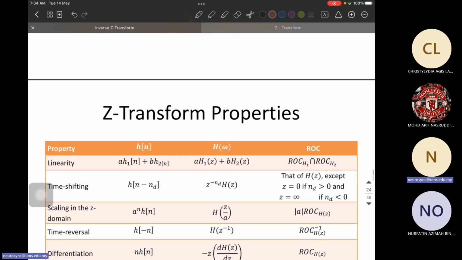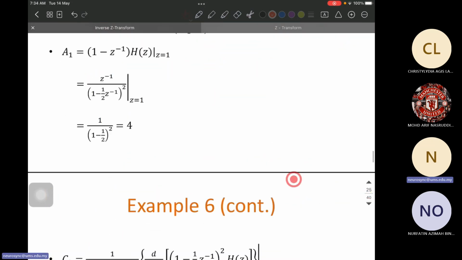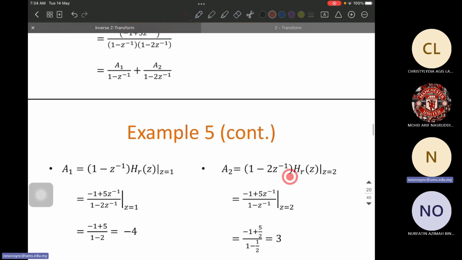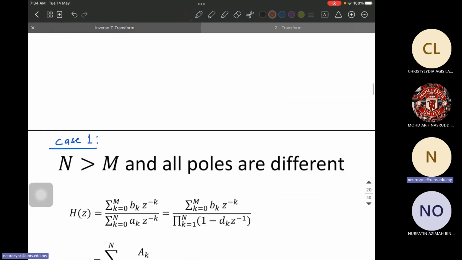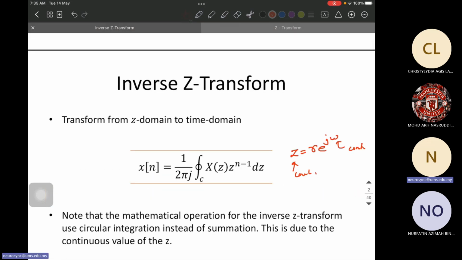Okay, so yesterday we started with the inverse Z transform, and we saw the different cases for that. To calculate the inverse Z transform, the H of z will be given and the region of convergence will be given, and accordingly we need to apply the standard formula for the inverse Z transform like this.